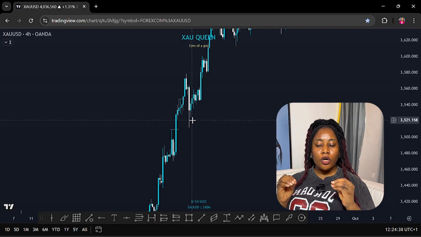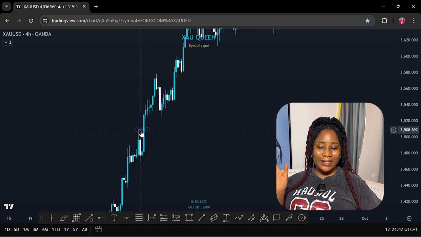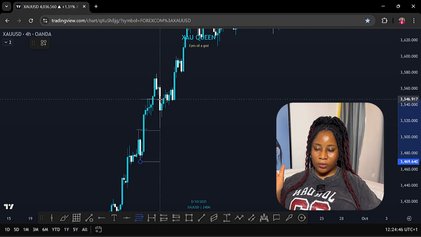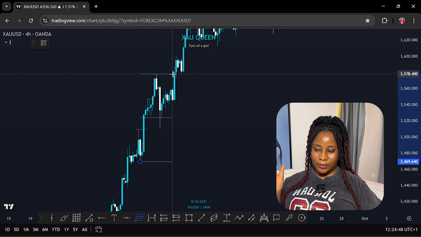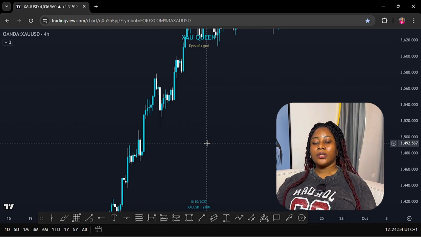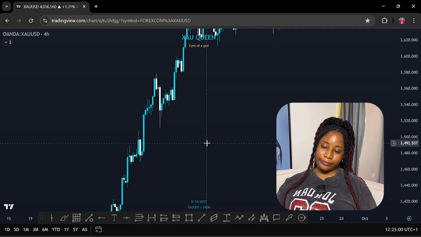What am I doing wrong? Zoom out to the 4 hours. You can see that the last block of structure here is here. So what will you do? Take your fib from this low to this high. And what happened? You can see that price neatly tapped. Oh, heaven. God, please help me on network today.